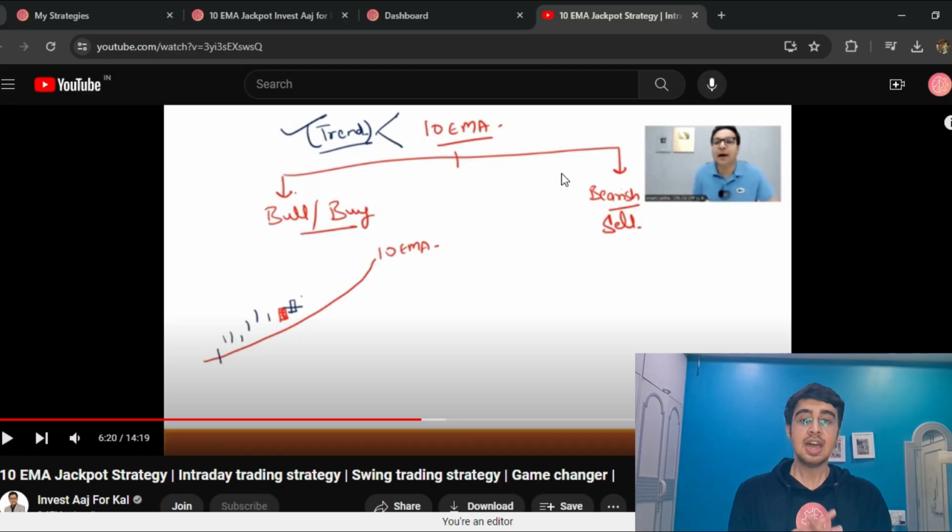Now to understand this logic, I have the YouTube video of Invest Aaj for Kal. Now in here, what he's discussed is that we are basically going to look at a technical indicator called 10 EMA on the 15-minute chart of the index, which is Bank Nifty.